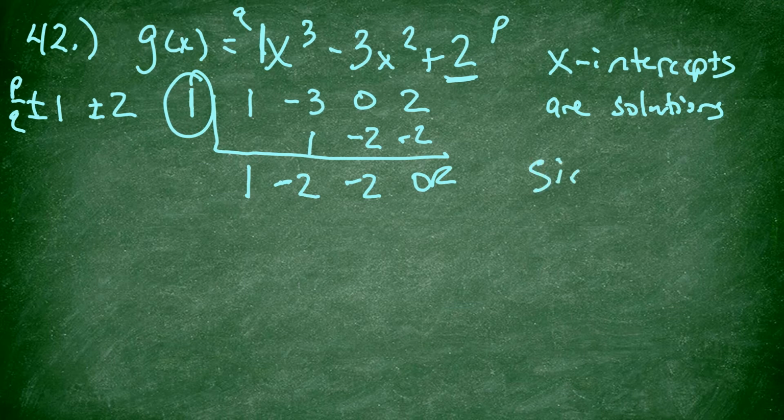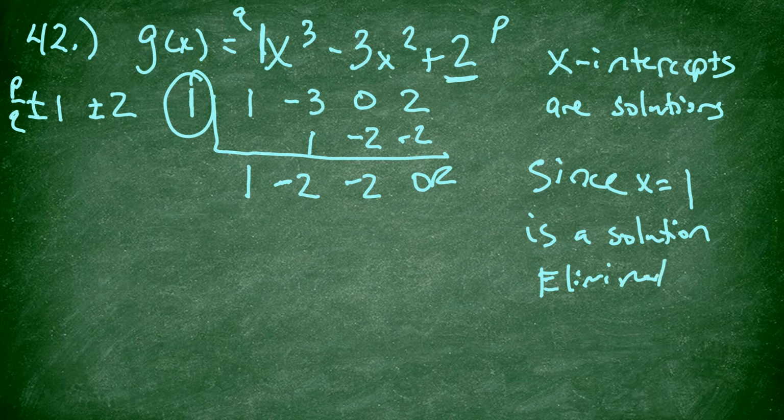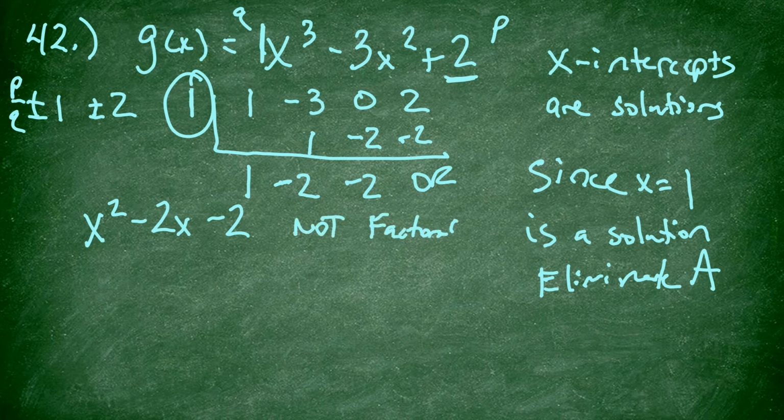So since x equal to 1 is a solution, eliminate A, because that doesn't have x equal to 1 as a solution. So now I go again, x squared minus 2x minus 2. This is not factorable, which means none of our other options are going to work.